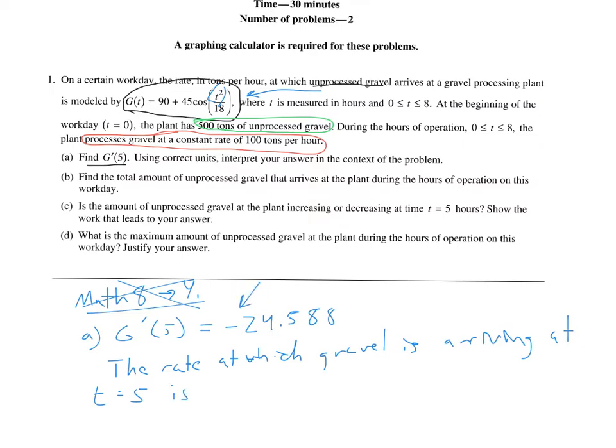That's what that negative means, is decreasing by 24.588 tons per hour. You can even write out the word per. So that's the first part, that's part A.